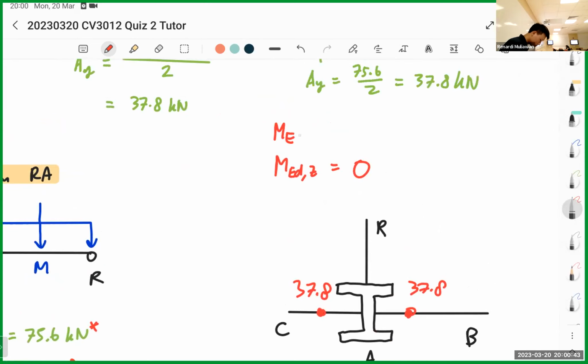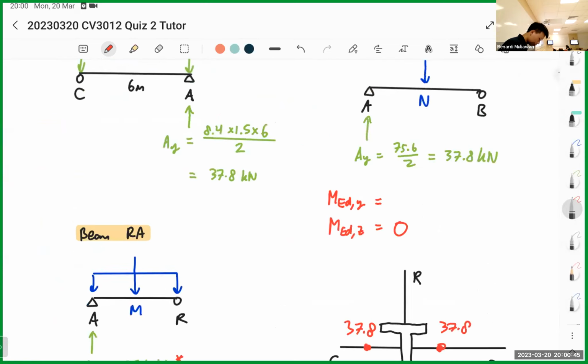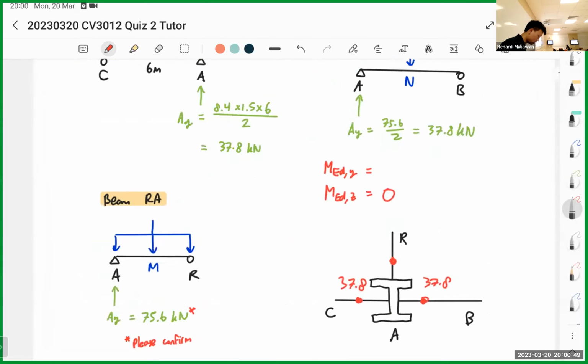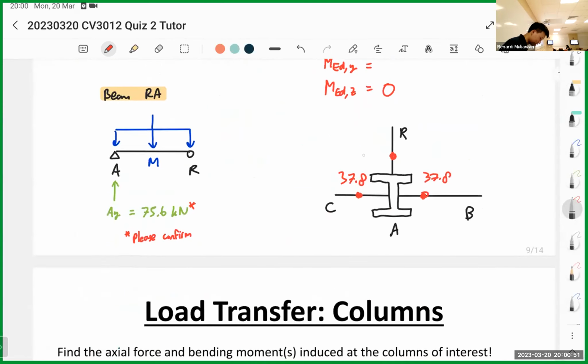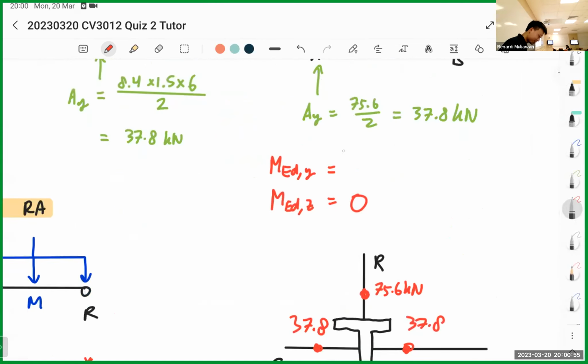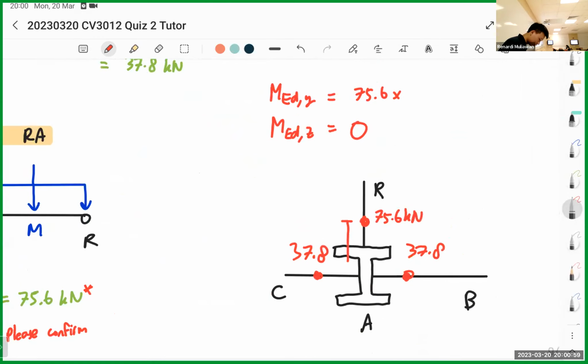Okay. So for MEDY, so we have a force here, right? It's by the beam AR. So this one, right, 75.6. Not confirmed, but let's use this value for now. So it's just 75.6 multiplied by the moment arm. Moment arm is this one. So it's 100 millimeters, plus h divided by 2, right?